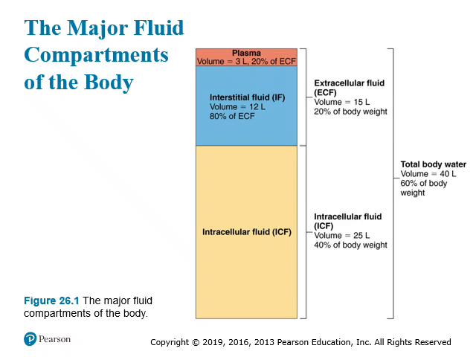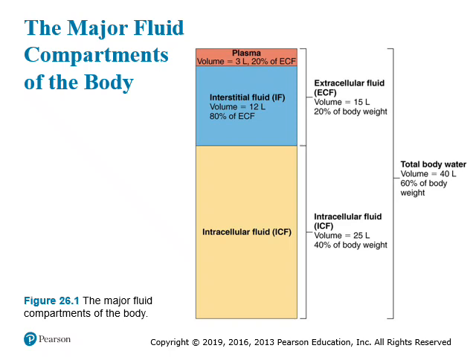But in the adult males, 60% will be water. And in the adult females, about 50% will be water, and we do have higher fat content. We do have less skeletal muscle mass than the males, and this is because the adipose tissue is the least hydrated of all.